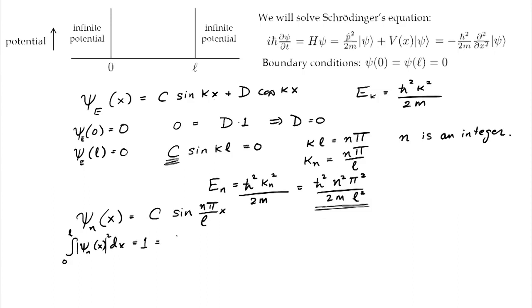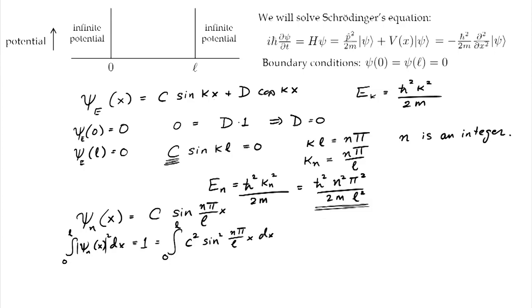And this tells us that the integral from 0 to L of c squared times sine squared of n pi over L times x dx is equal to 1.